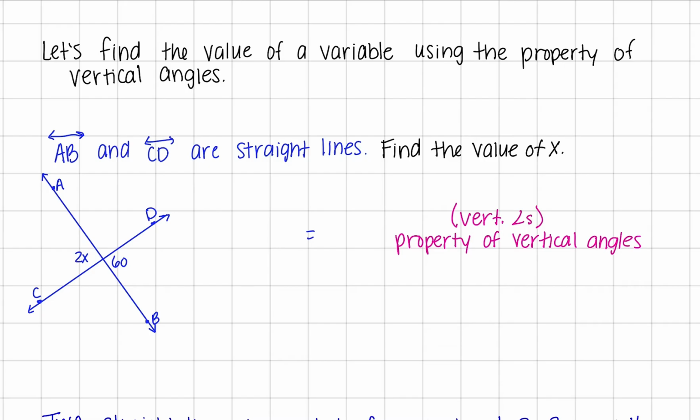Okay? So we're going to set this up, and we're going to use the property of vertical angles. Okay? And that's written as vert angles. So from this property, we know that vertical angles are congruent. So we know that 2x equals 60.